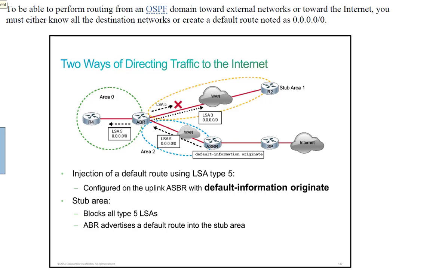We don't necessarily want to use the always option, but if you only have one connection to the internet and you don't have any other option of reaching the internet other than through, say, this ASBR, a default-information originate always is perfectly fine. What's the downside to using the always option?